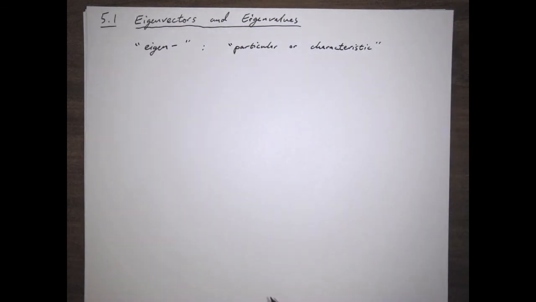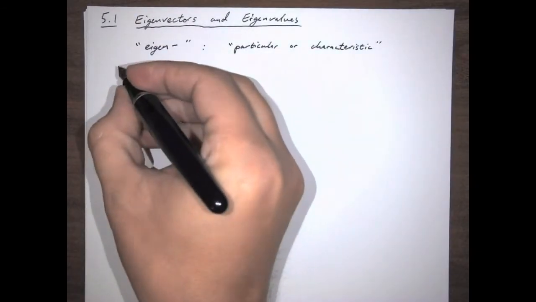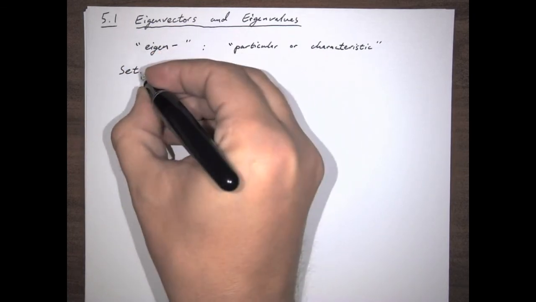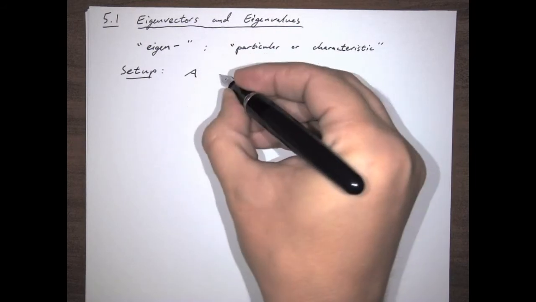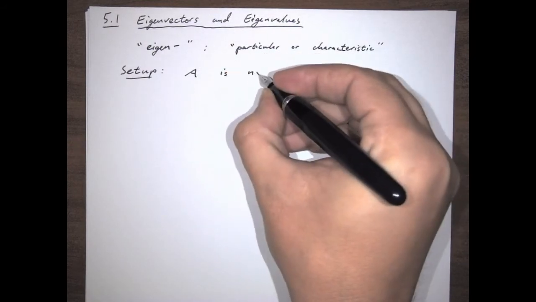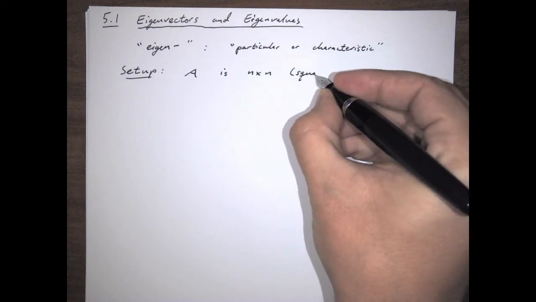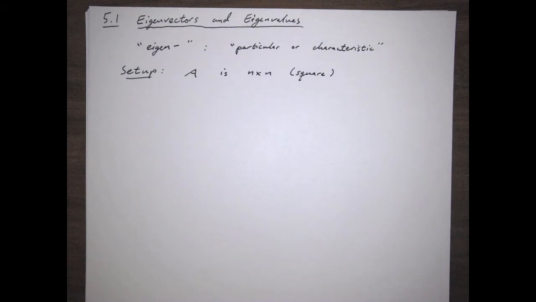So in particular, an eigenvector and an eigenvalue will be particular or characteristic vectors and values that are associated with a certain matrix. Now, the matrix that we'll be talking about is always going to be assumed to be square. So the setup here is that A is n by n, in other words, square. We're going to be mostly assuming square matrices for the rest of this course.